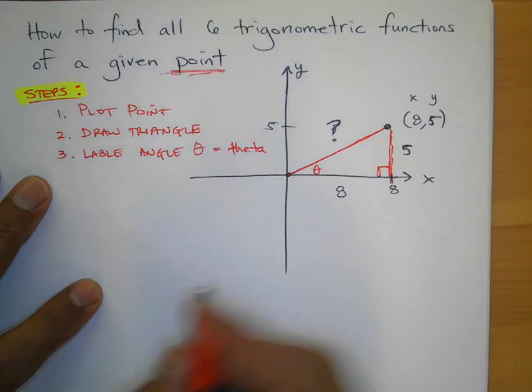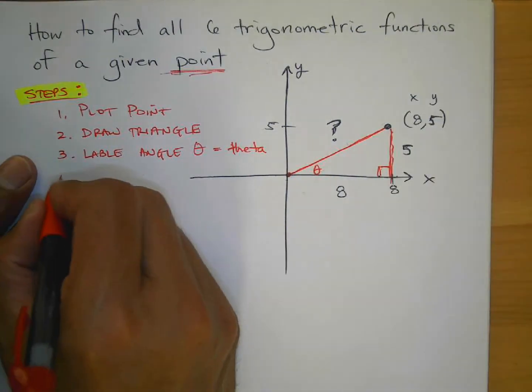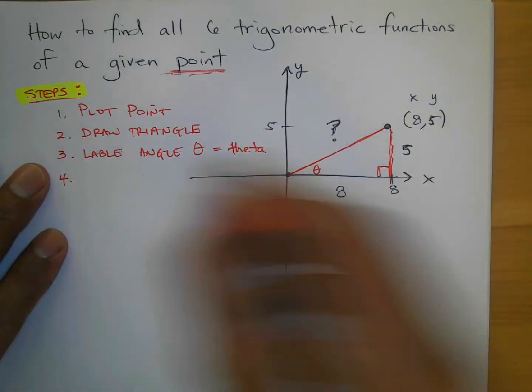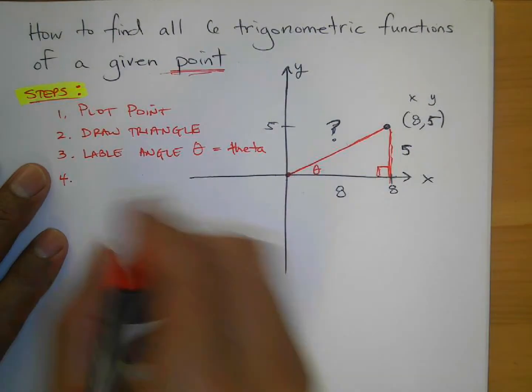Okay, so you label the angle, you label the two sides. From your coordinate, you got your two sides.